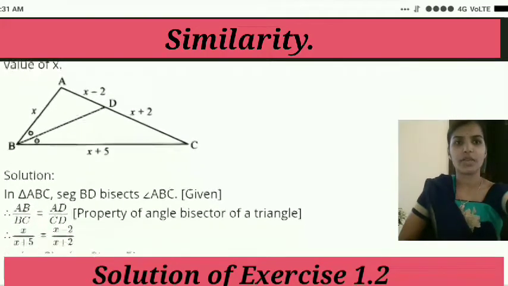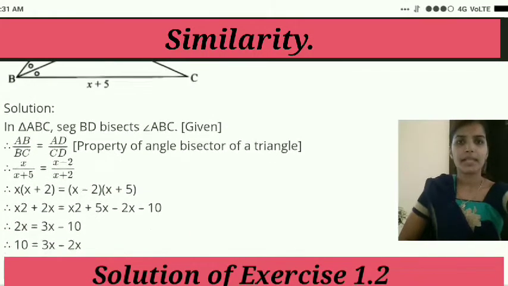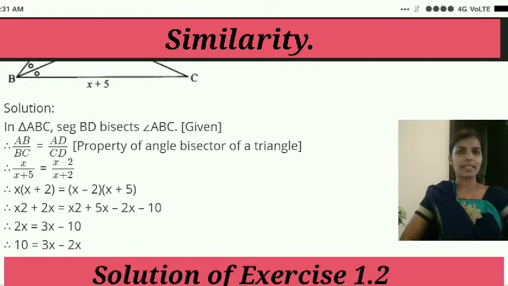So according to our solution, in triangle ABC, BD bisect angle ABC. So therefore we are taking our ratios. AB upon BC is equals to AD upon CD. Reason, property of angle bisector of a triangle. Okay. So put the values. AB's value is X. So X upon X plus 5 is equals to X minus 2 upon X plus 2.